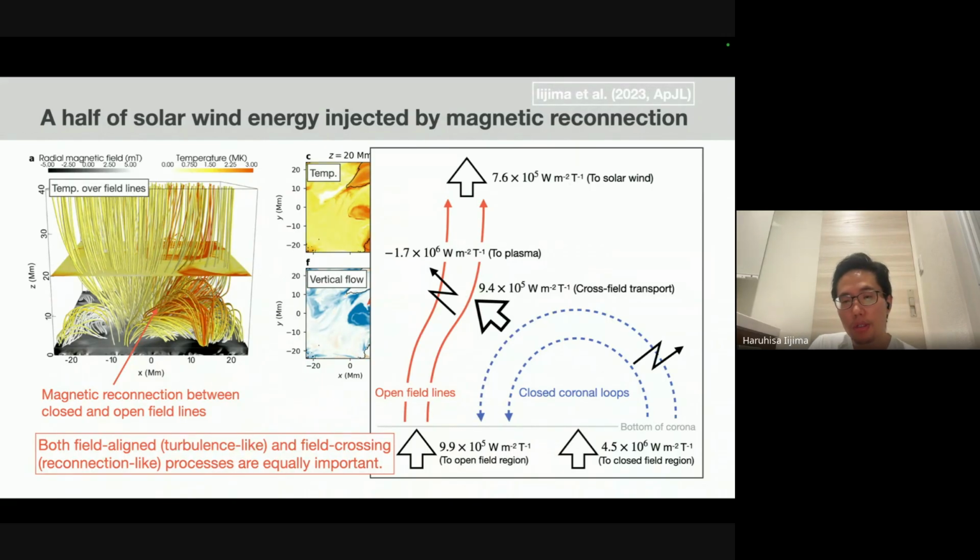And in our estimation, about half of the total solar wind energy is transported along the magnetic field lines, but the other half is transported from the closed coronal lobes into the open field regions due to the magnetic reconnections. So in this sense, we think that both field-aligned, or turbulence-like or wave-like, and field-crossing, or reconnection-like, processes are equally important in this simulation.